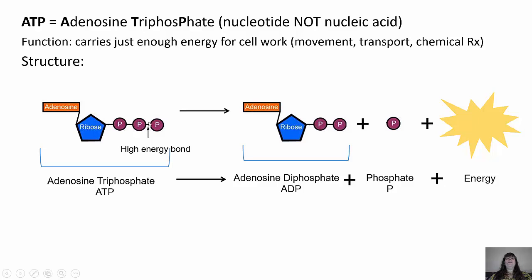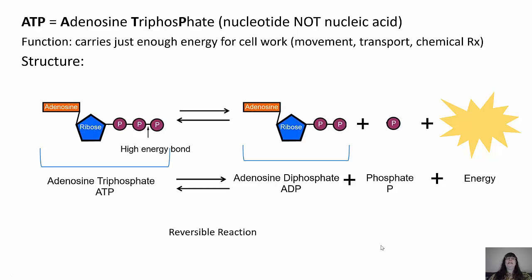This last phosphate group is not very stable and it has a lot of energy in it. So it falls off readily. When it falls off, you're left with ADP, or adenosine diphosphate, plus a phosphate group, plus energy.